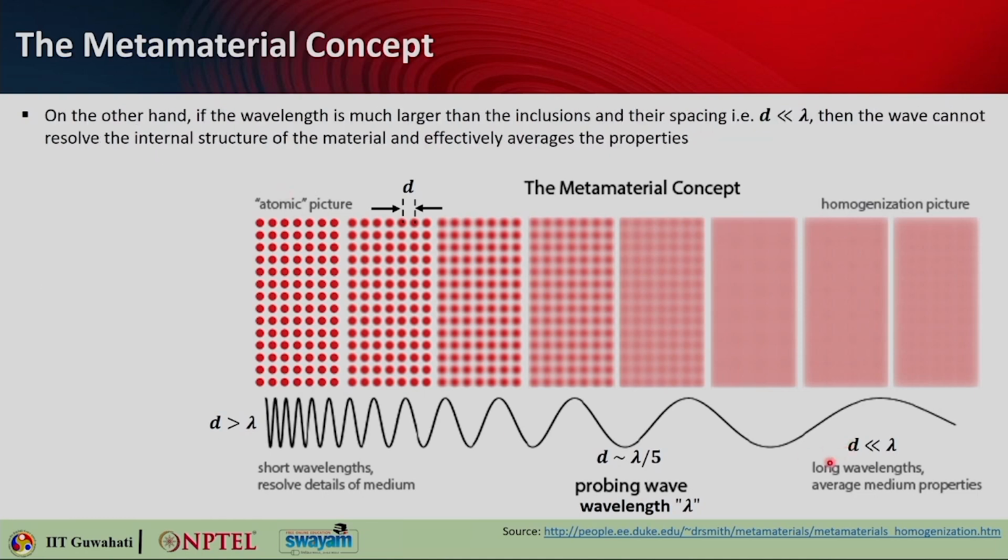On the other hand, if you take the other extreme, where the wavelength is much longer than this interparticle or interatomic separation, in that case the wave will not be able to resolve any of this internal structure, and it will more or less effectively average out the property. So these are the two extremes. Here you will see a homogeneous picture, here you will see an atomic picture.